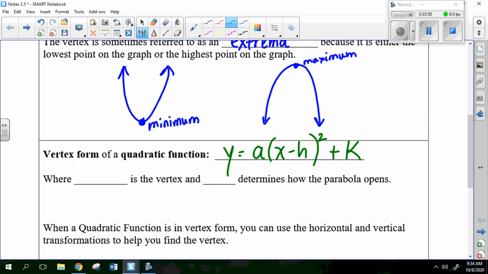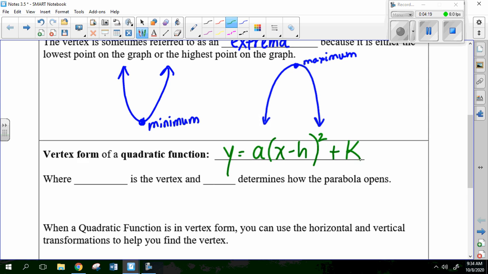Do those letters look familiar? Other than the parentheses and the square, everything is exactly the same as the absolute value. But it has to have that square there. That's not a transformation. That square makes it a quadratic function.